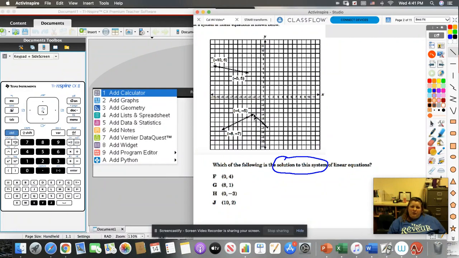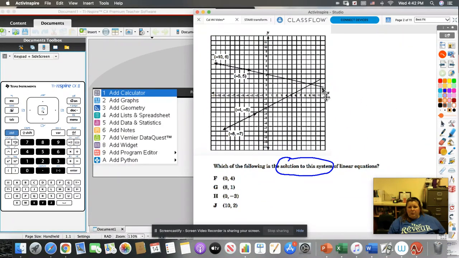Now you have to be careful because sometimes they have more than one answer that could possibly work. And if you don't get these exactly straight compared to the original line, and you're on a test and you're on a screen, it's going to be a little bit harder. But this could eliminate some answer choices.